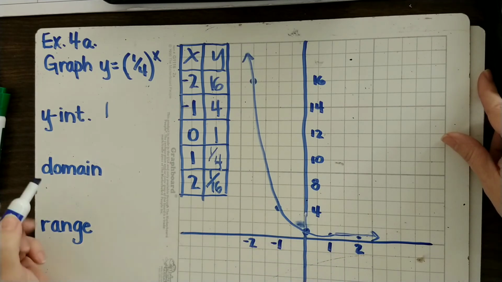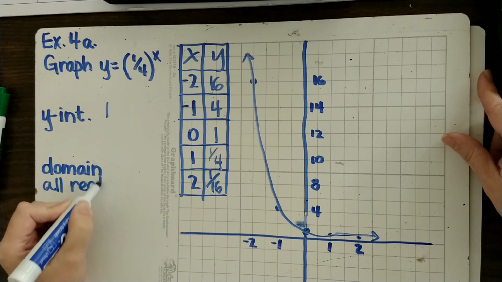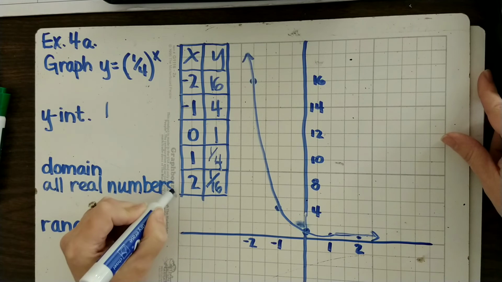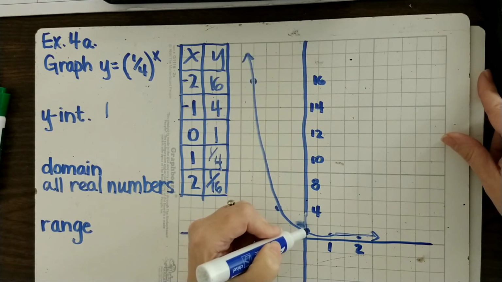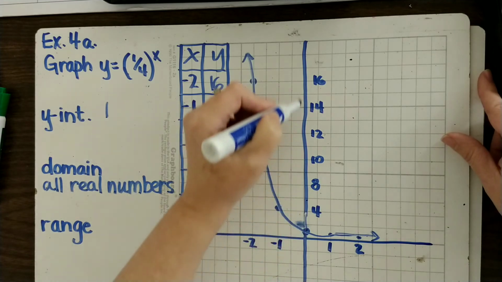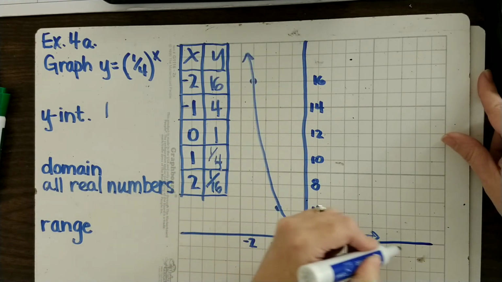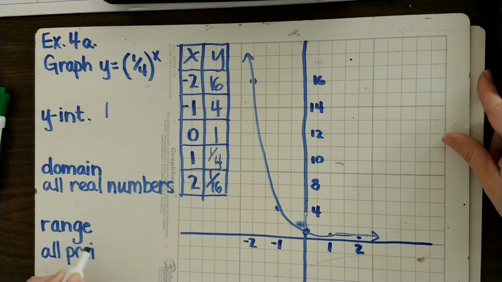So once again, our domain is all real numbers. Then you look at your range. Well, it appears that our graph is only in the positive numbers section and does not fall below the x-axis, so there are no negatives here. So our range, once again, would be all positive numbers.